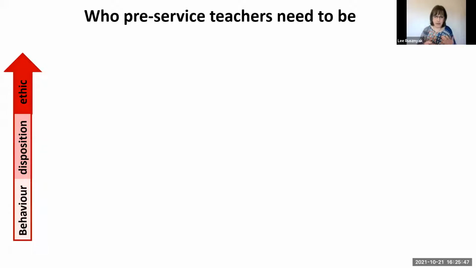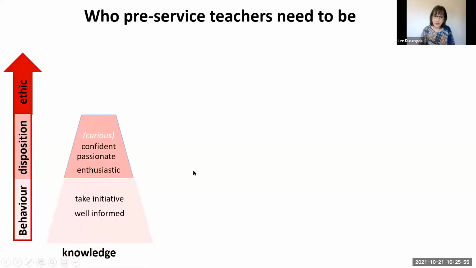And we picked up several clusters of dispositions, and we've grouped them. So the first was dispositions in relation to knowledge. And so there were behaviors such as making sure that one's well informed and is consulting many resources, taking initiative to go and find those resources.